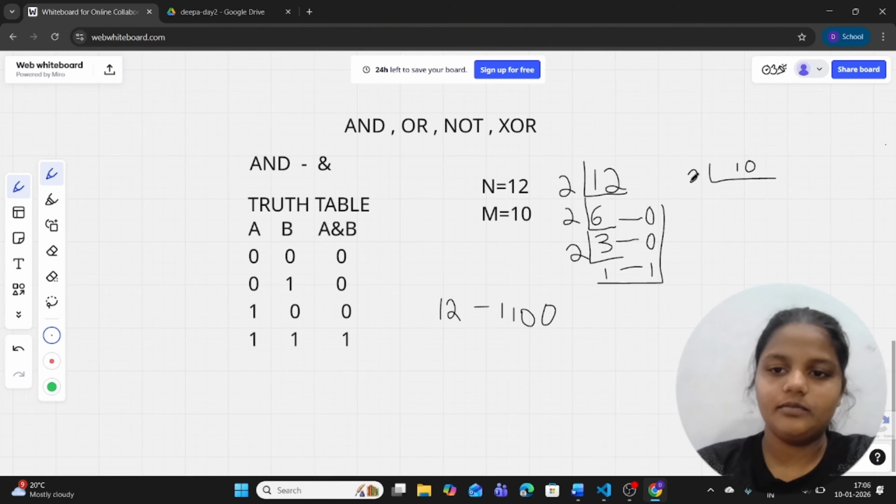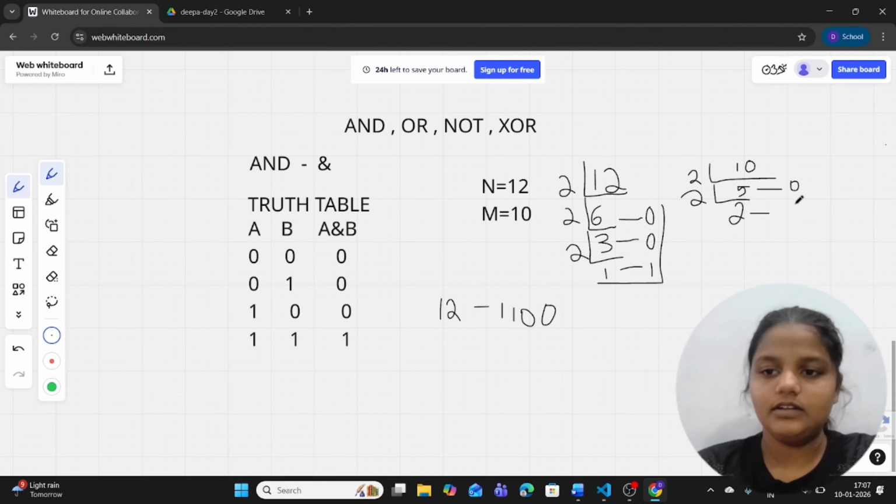So now for 10. 10, we want to divide it by 2. 2 5s are 10. The remainder is 0. Then again we want to divide it. 2 2s are 4. The remainder is 1. Then again we want to divide it. 2 1s are 2. The remainder is 0. Right?